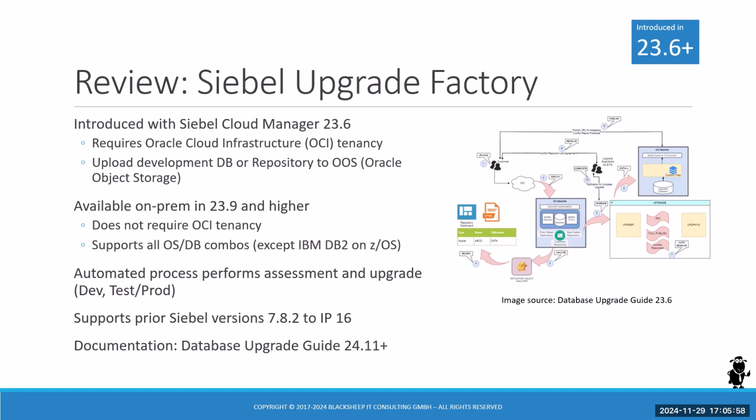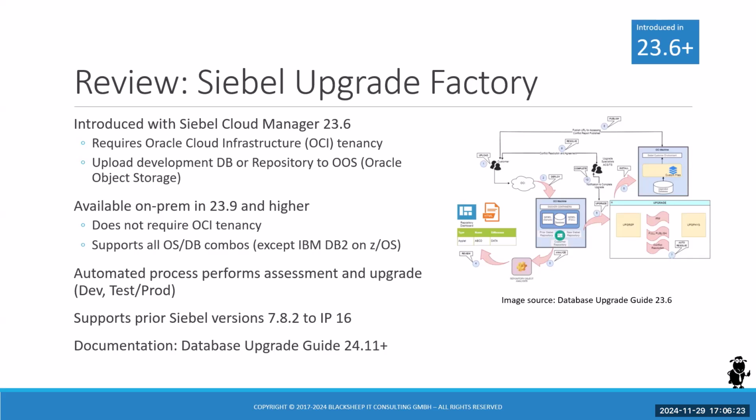But you might remember the days when you upgraded Siebel from pre-IP17 to Siebel 2021. And you might remember, a little bit more than a year ago, in 23.6, Oracle released the Siebel Upgrade Factory. The first release was actually on Cloud Manager, which required the OCI tenancy and still does.